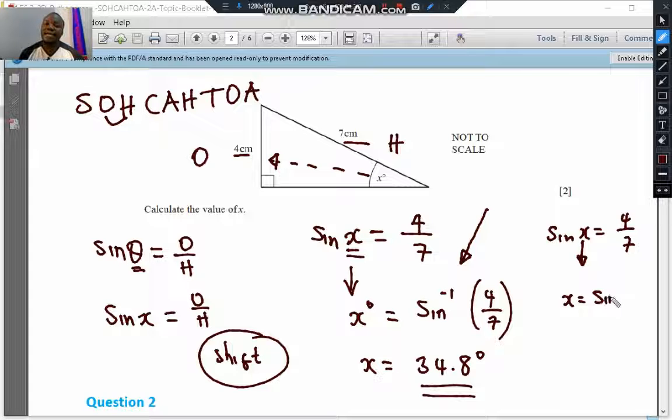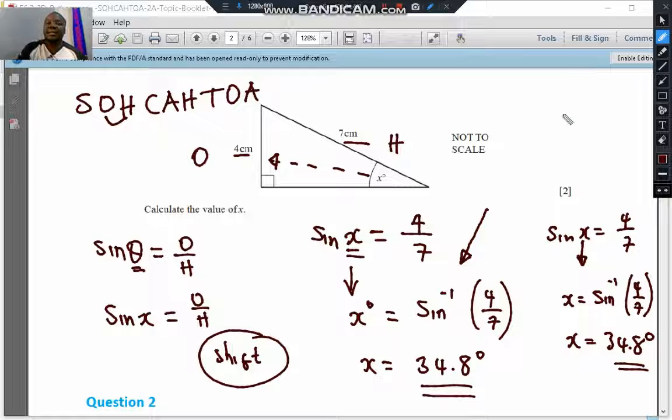So it will give you sine inverse of 4 over 7. If you do that nicely, you would get the angle once you do your equal sign. In this case, the angle gives us 34.8 degrees. If this was a cos function, we were still going to do shift and then press on the cos button to get the cos inverse, and then whatever ratio that we've got to get the angle.